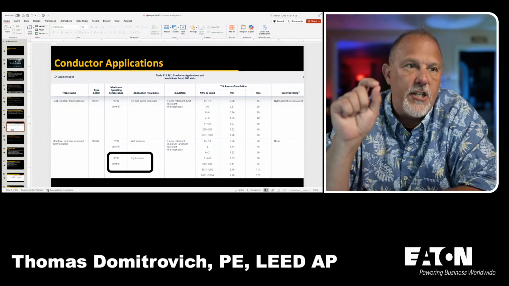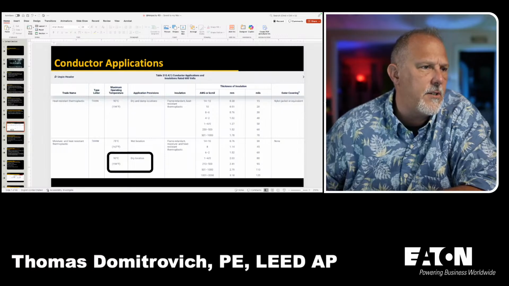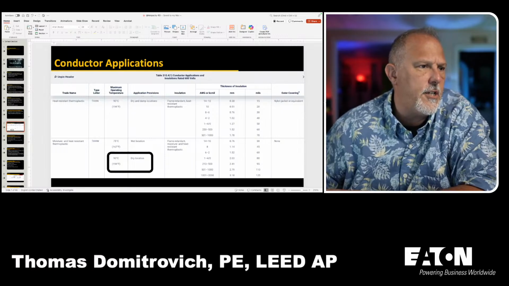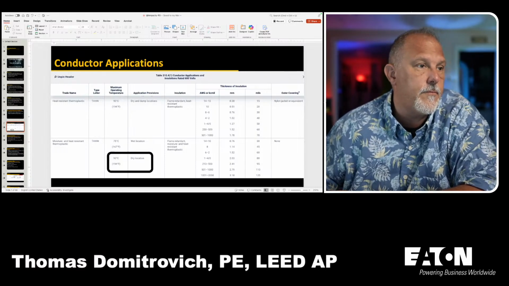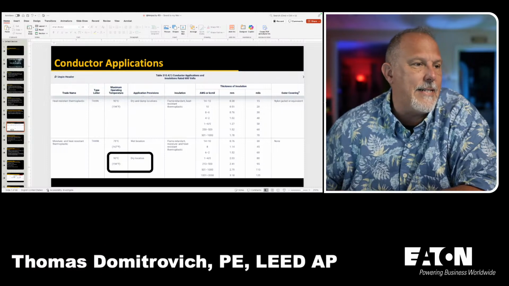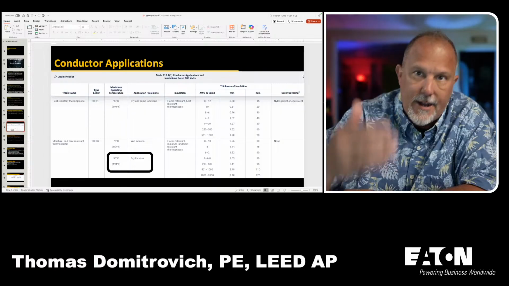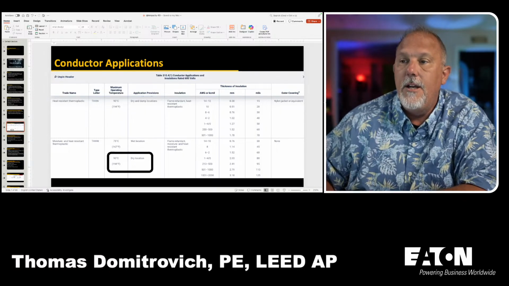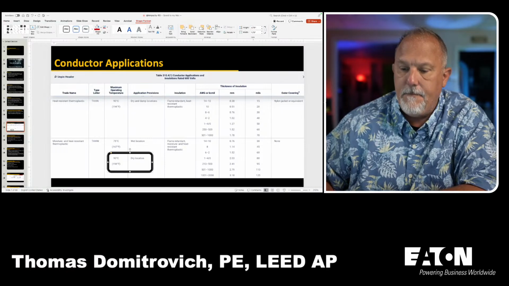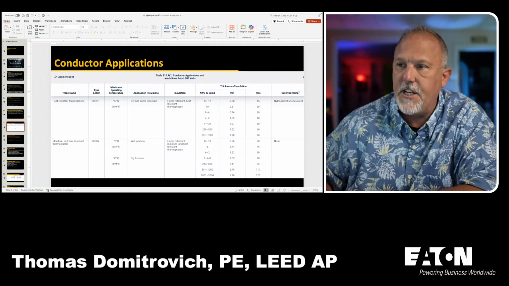A THHW-2 doesn't exist. There's a THW-2, which is a 90°C dry and wet location. So the -2 indicates that 90 degrees, that wet location rating.